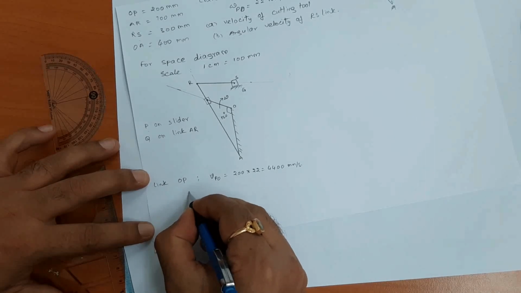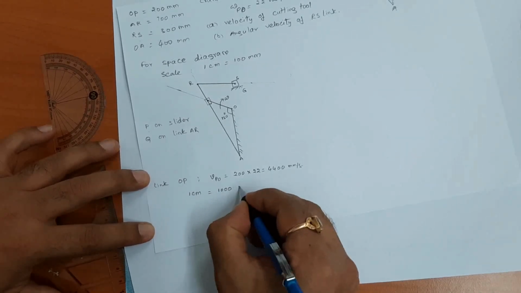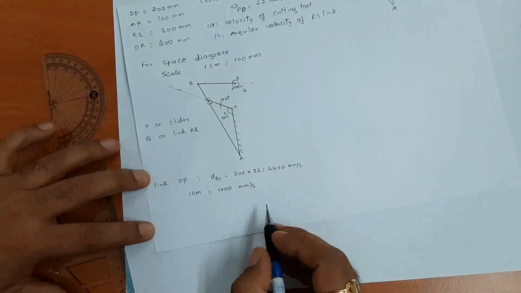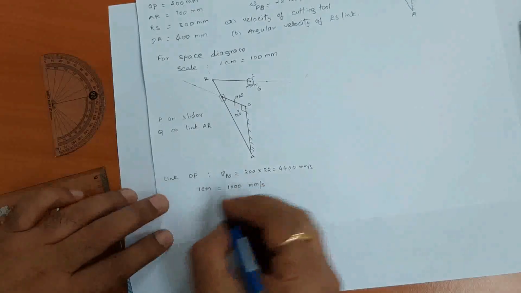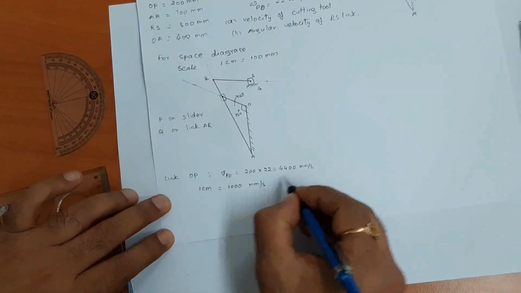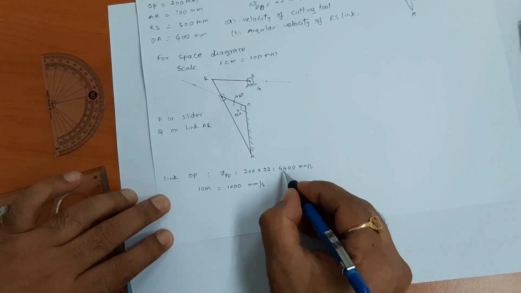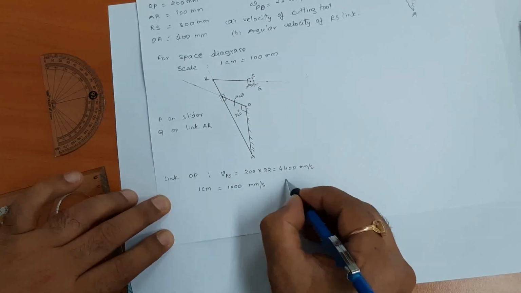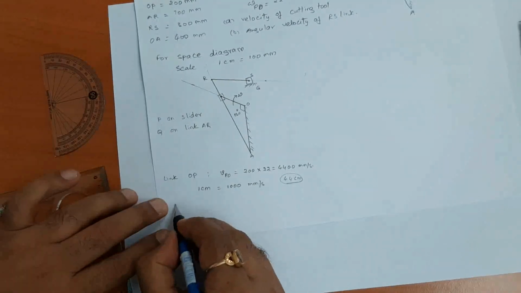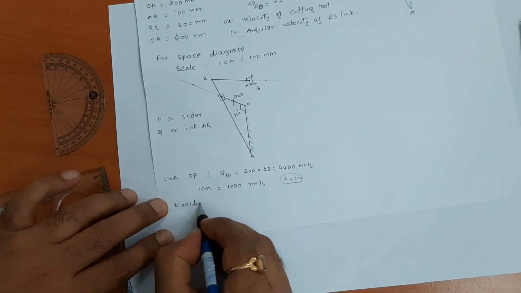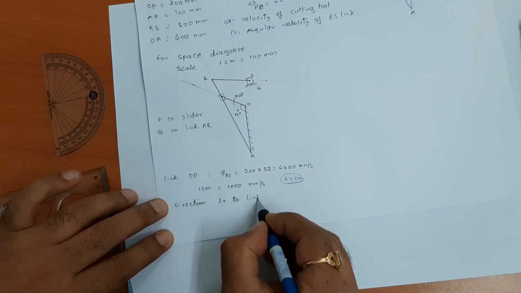So I am choosing a scale of 1 centimeter is equal to 1000 mm per second. Okay, so here we will draw a perpendicular line. Okay, this is the magnitude. According to our scale, OP vector length will be 4.4 centimeter, and direction is perpendicular to link OP.